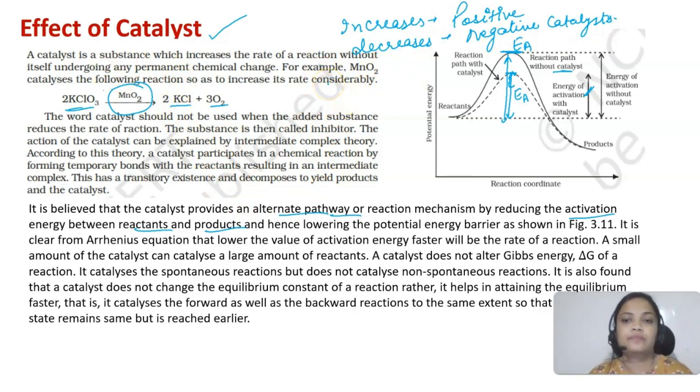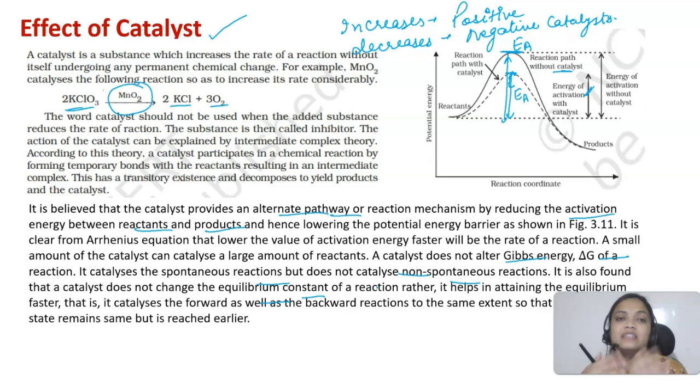See, this catalyst does not alter the Gibbs energy of the reaction. It catalyzes the spontaneous reaction, but it does not catalyze non-spontaneous ones. ऐसा नहीं होगा कि if reaction is non-spontaneous, it will catalyze. No. Catalyst also does not change the equilibrium constant for the reaction, but it will help in attaining the equilibrium faster. कि that reaction proceeds faster, तो equilibrium भी जल्दी attain हो जाएगा.